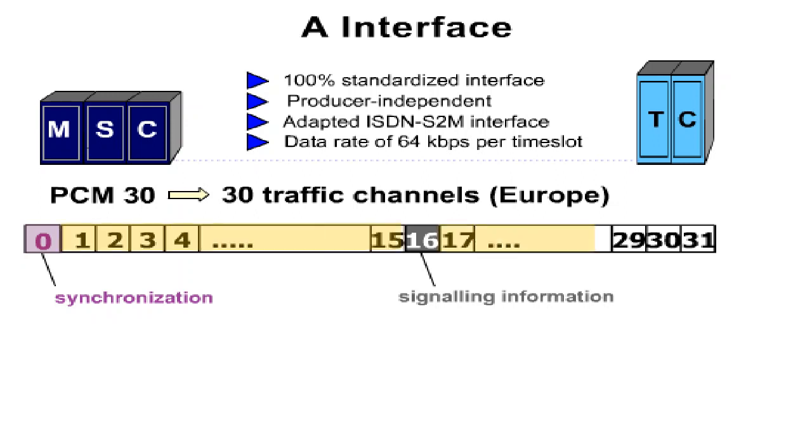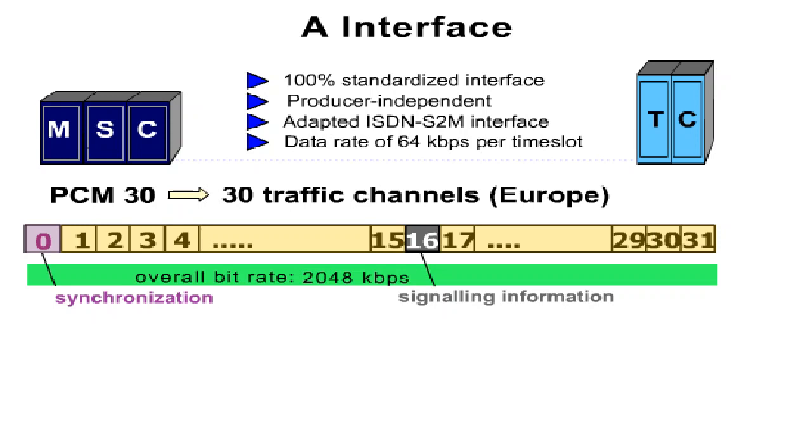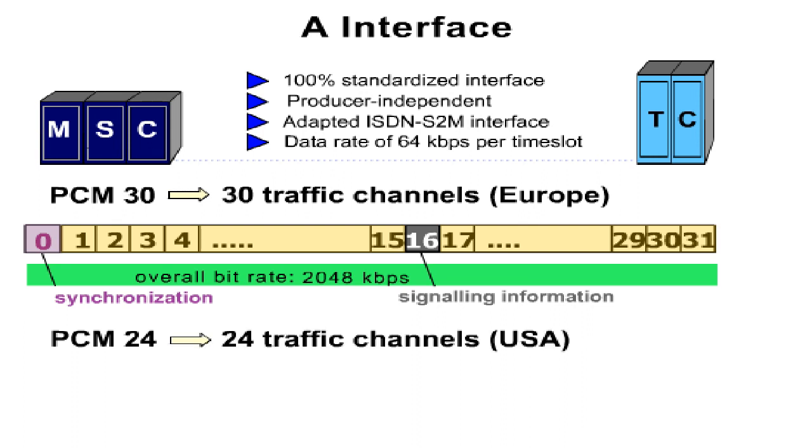Thus, the interface has an overall bit rate of 2048 kilobits per second. The PCM24 configuration, which is generally used in the USA, uses 24 traffic channels. In both configurations, each frame has clearly defined channels for signaling and synchronization information.